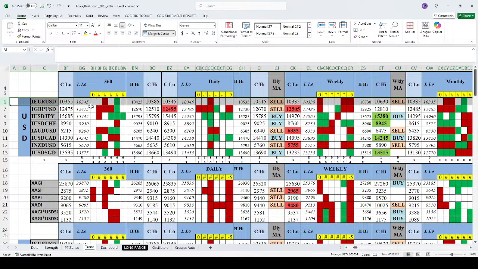So that means right now the market is in a range, and expected to break lower. Right now the range is between 10355 to 10385, or higher at 10515.